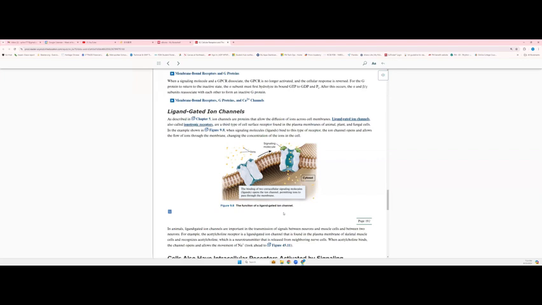So ion channels are proteins that allow diffusion of ions across the cell membrane. If the ions want to get inside the cell, they will go through the cell membrane.